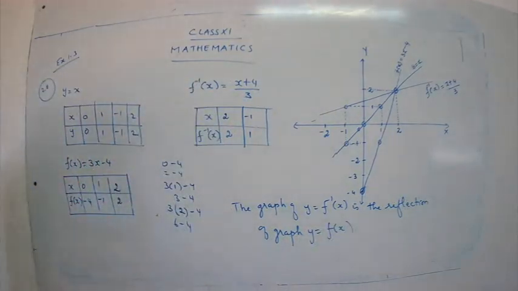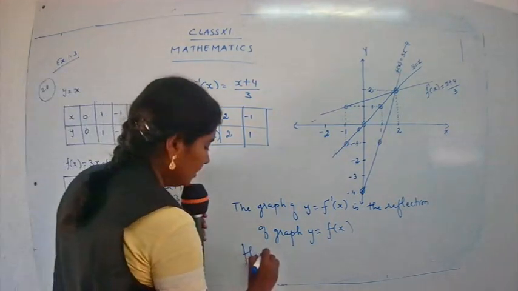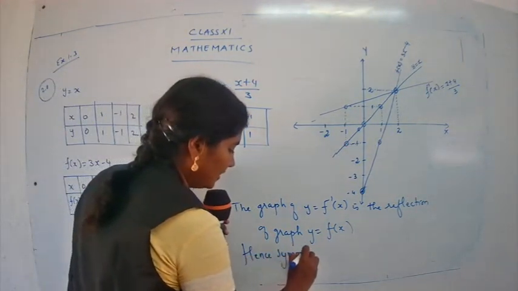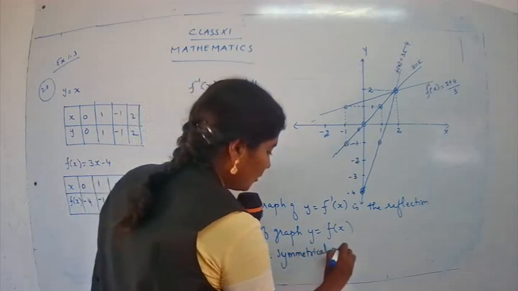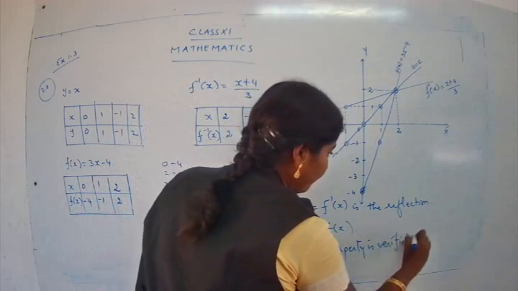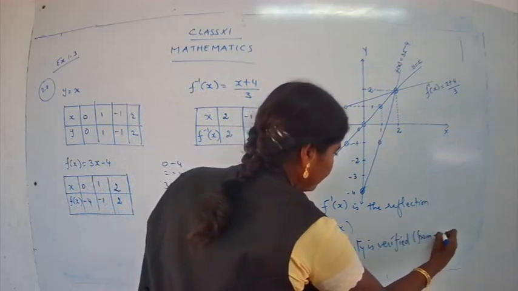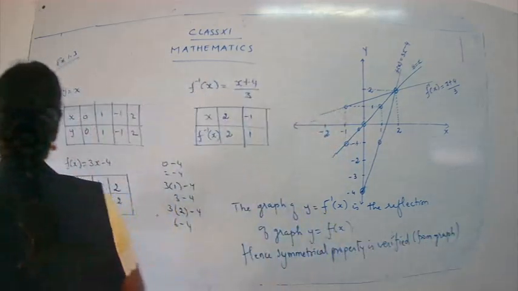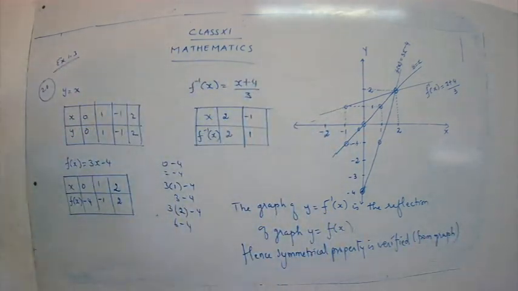So they are reflection. Reflection means they are the mirror image of each other. Okay? So what you can say? Hence, symmetrical property is verified. That's what we need. Symmetrical property is verified from graph. From the graph itself. So from where I am going to verify? I am verifying the symmetrical property by the graph. So complete the answer.